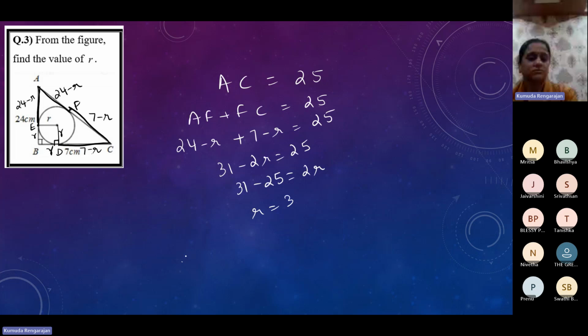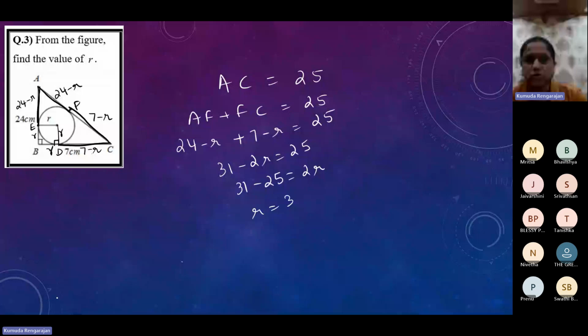I'll just share this also with you. There is a formula, like if it's an MCQ, you don't have to spend so much time. The inradius is given by sum of the legs minus hypotenuse by 2.